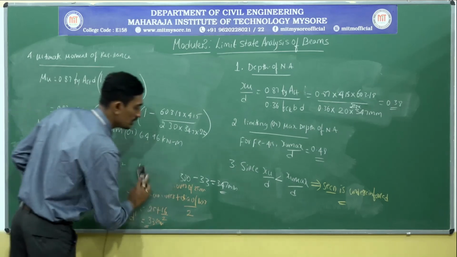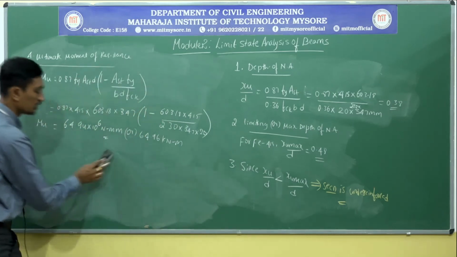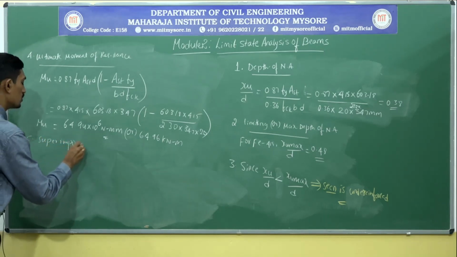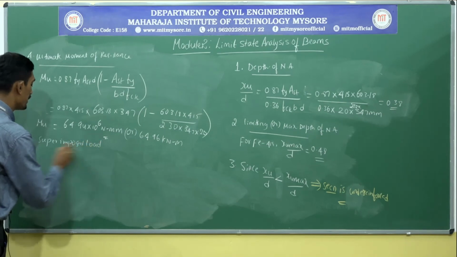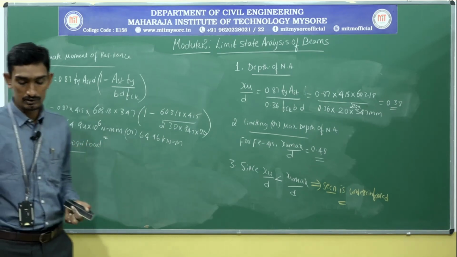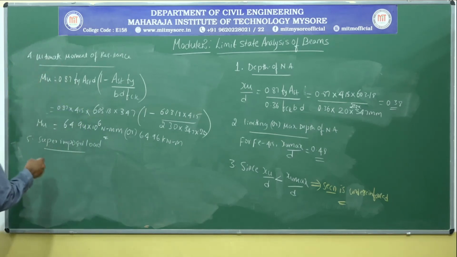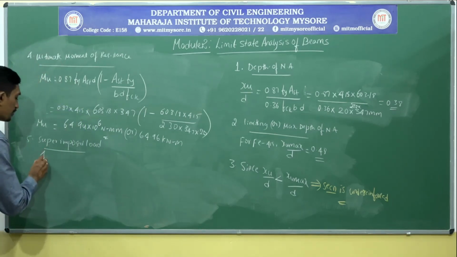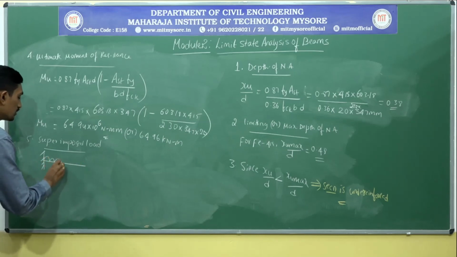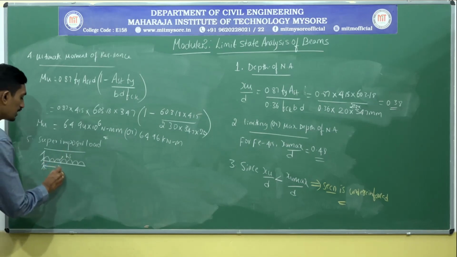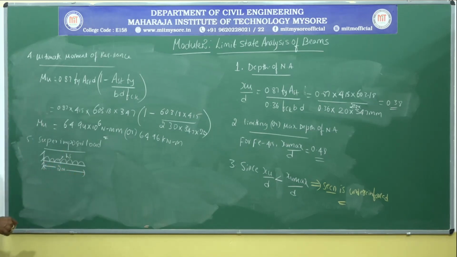Next, how to calculate the superimposed load for a cantilever beam? Once again, convert this into unfactored moment. So this is the cantilever beam, this is the total W, and the span is 2 meter.